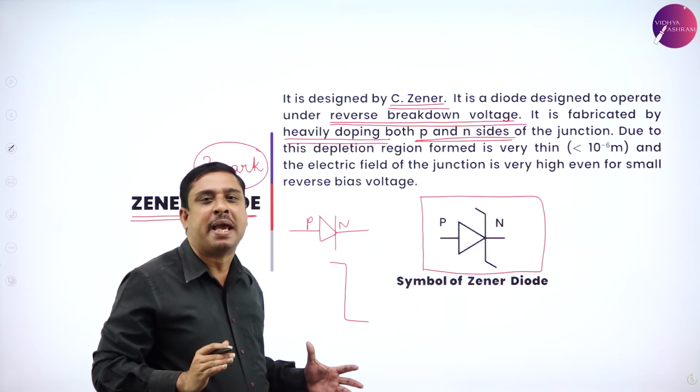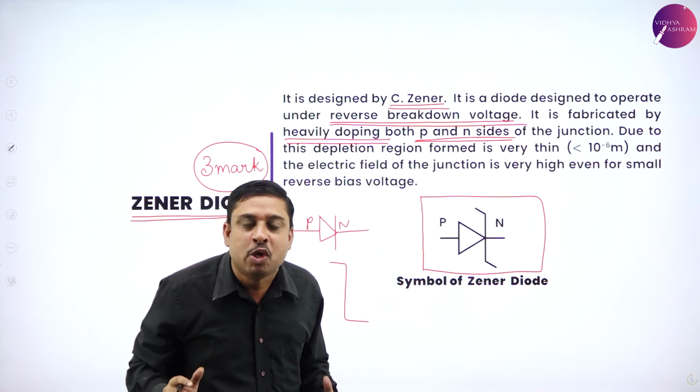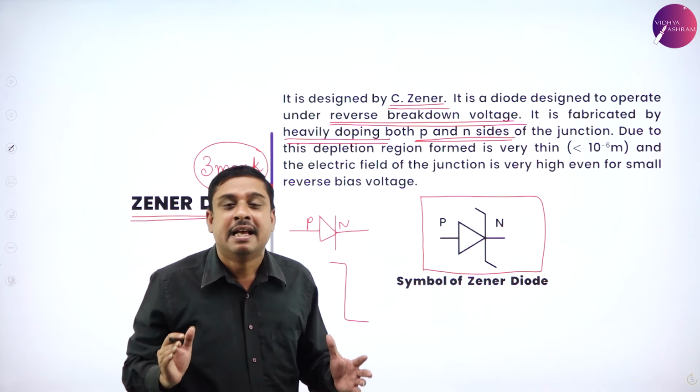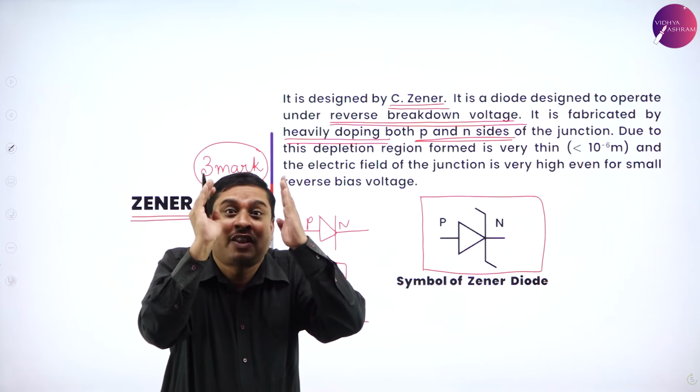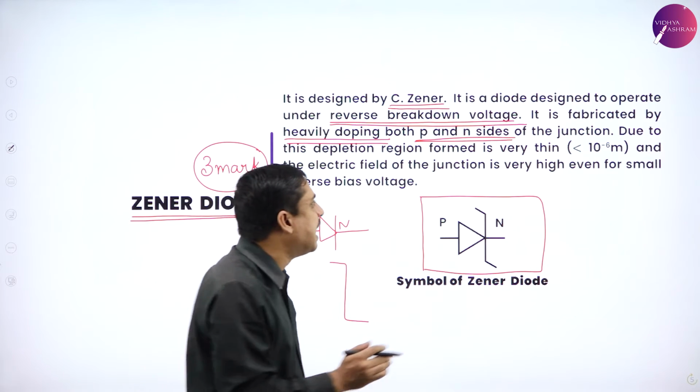Because of the impurities added, the width of the depletion region is very, very thin.